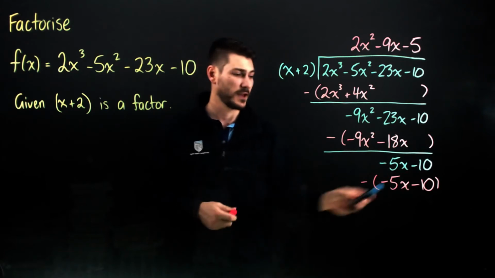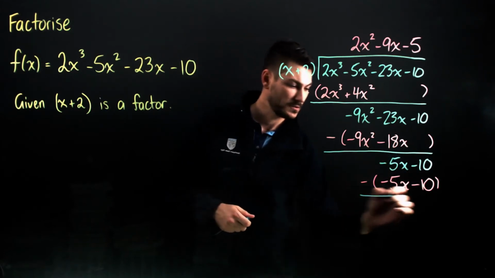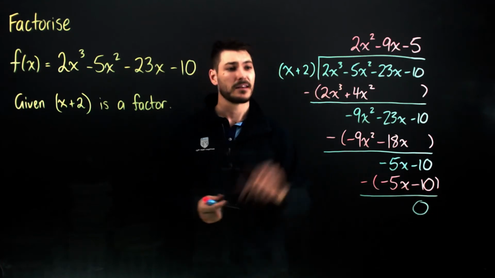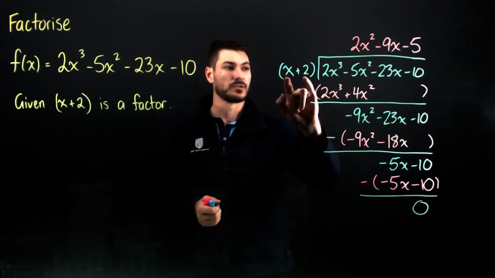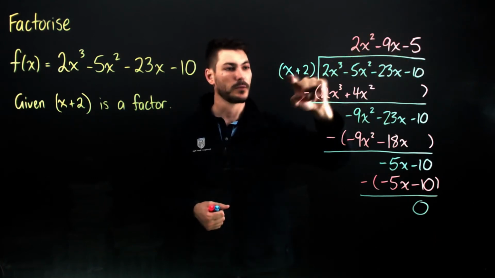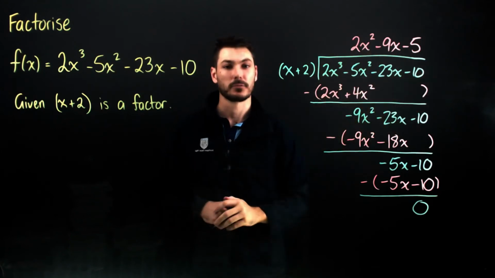All we notice is that we're subtracting something from itself, which should leave us with a remainder of 0, which is great. And it means that when I multiply x plus 2 with 2x squared minus 9x minus 5, I get exactly this cubic polynomial.